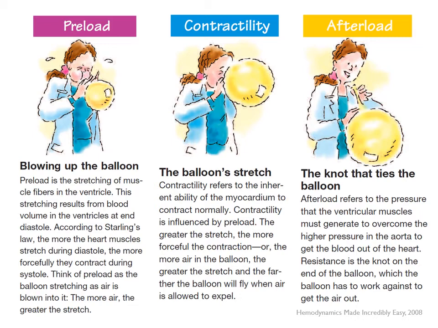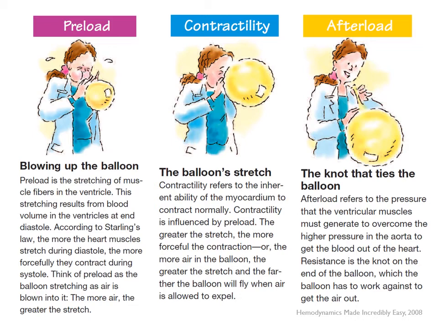The preload is how much blood is coming into the ventricles, the right or the left, during diastole, which is the state where the ventricles are relaxing. And we sometimes want to know the preload because that's the volume of blood coming into the ventricles that's getting ready to be contracted out of the ventricles and moved forward.